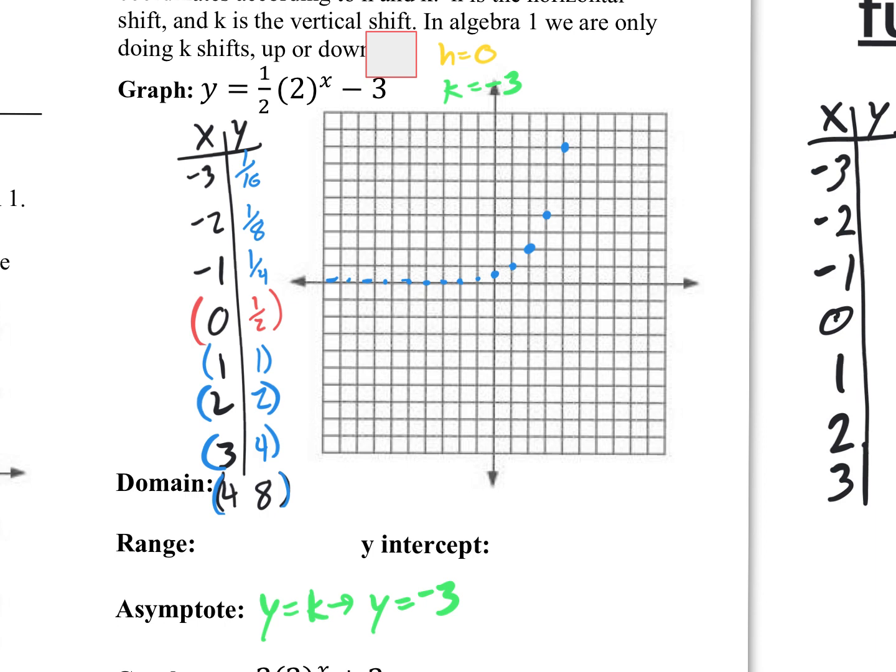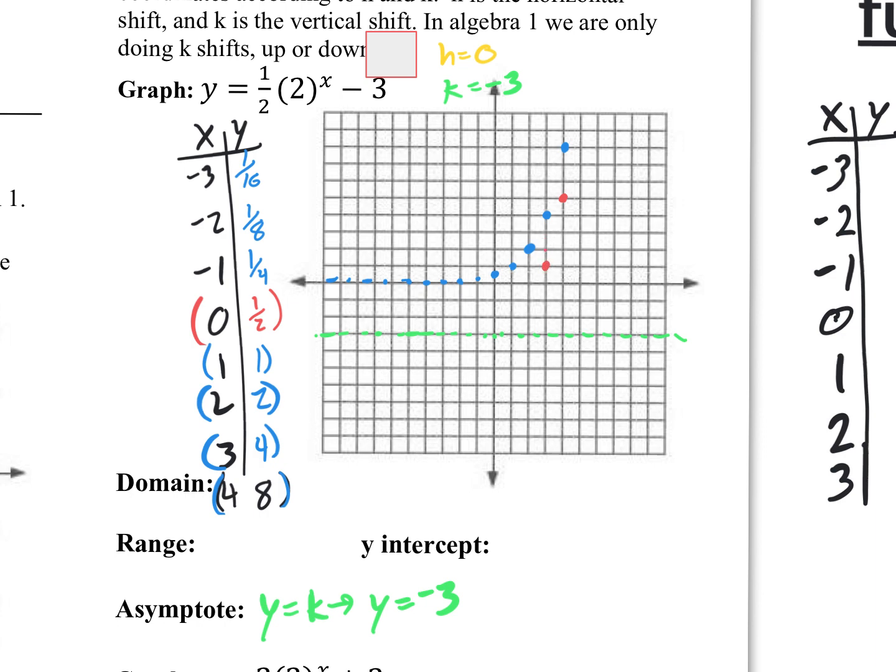The line y equals -3 is 1, 2, 3. It's down here. I'm going to do a dotted line. This is my asymptote line. And this blue graph that grows needs to all get shifted 3 units down. So this guy gets shifted 1, 2, 3, and you end up right here. This guy gets shifted 3 down right here.